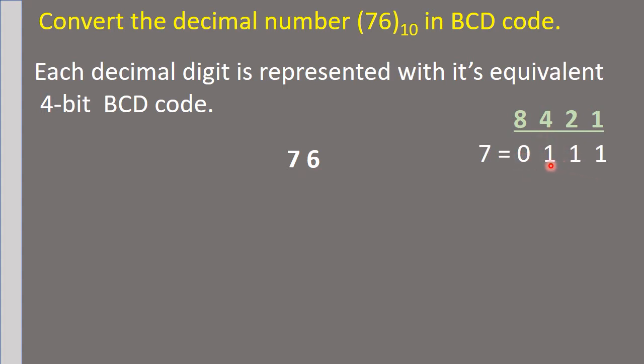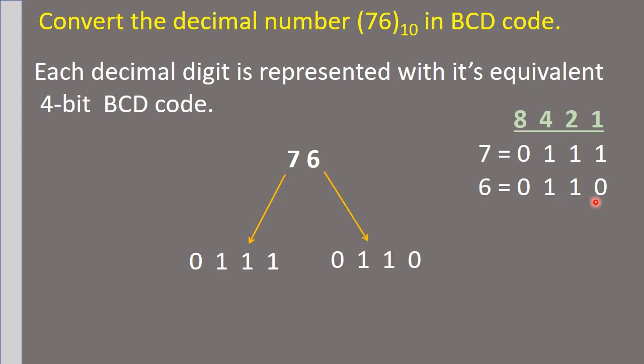So 7 is represented in BCD as 0111 because 7 is equal to 4 plus 2 plus 1. Similarly, 6 is a combination of 4 plus 2, so it is represented as 0110. Hence, decimal number 76 is equal to 0111 0110 in BCD form.